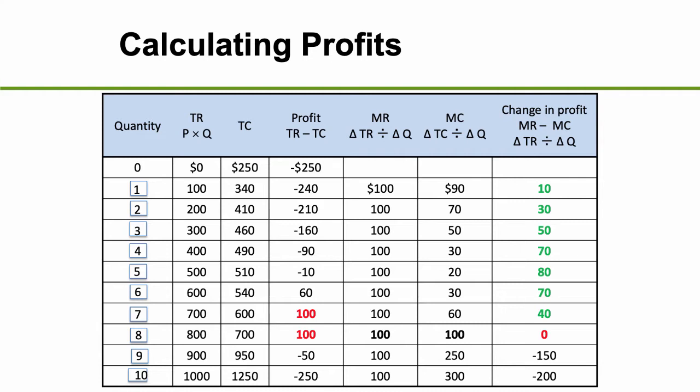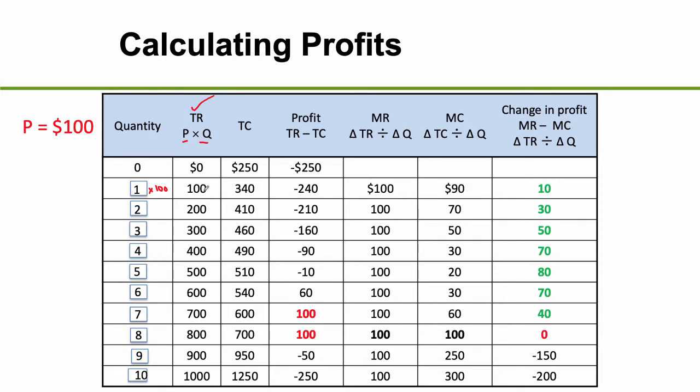The first thing we can see is that the price is equal to $100. And we know that because of what's going on in this column right here. This is our total revenue column. Total revenue is price times quantity. And we have our quantity information. So if we have a quantity of 1, to get total revenue of 100, we need to multiply that by the price.